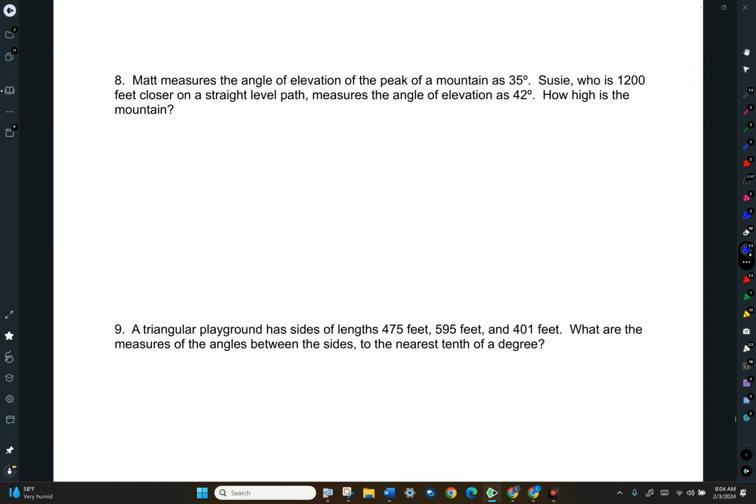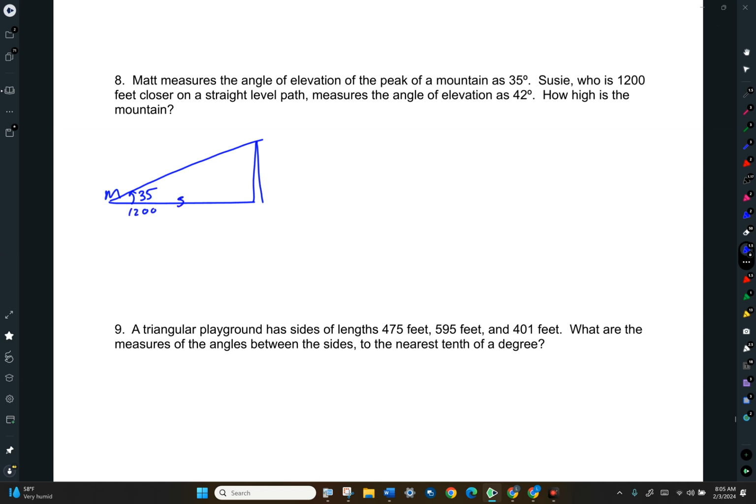Matt measures the angle of elevation of the peak of a mountain as 35 degrees. Here's the ground, and we'll say Matt's standing here. Here's our mountain. When he looks up to the top of that mountain, the angle of elevation is 35 degrees. Susie, who is 1,200 feet closer on a straight level path, is right here.